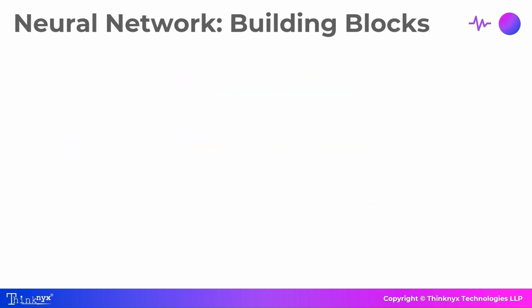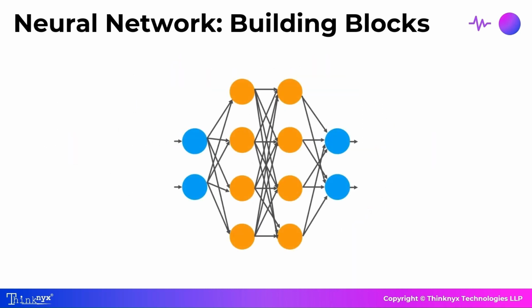Neural networks are the backbone of deep learning and consist of layers of interconnected nodes or neurons. But how do they work, and what role do layers like the input layer, hidden layers, and output layer play? Let's find out.